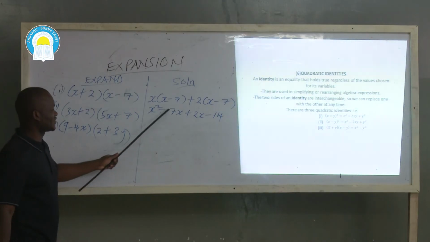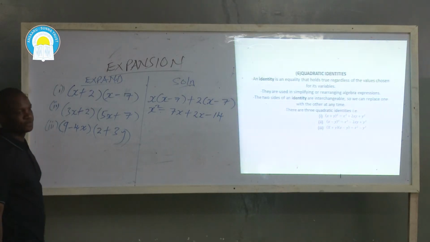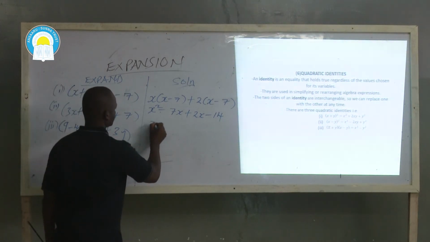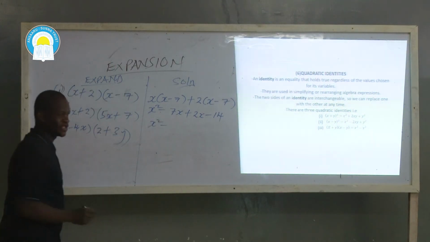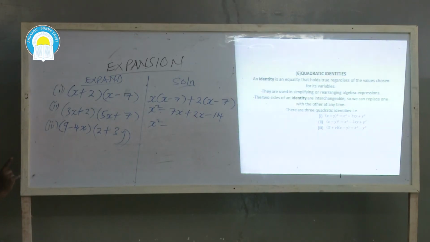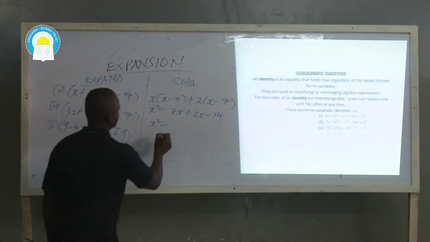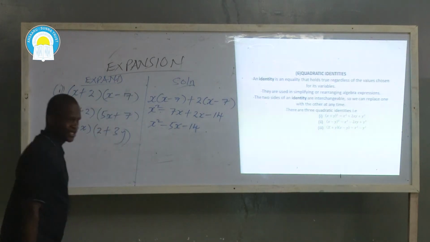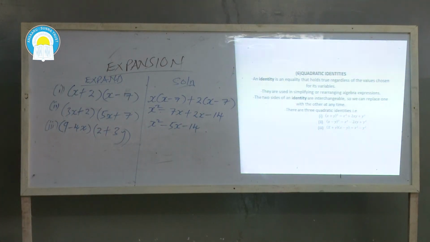So what is negative 7x plus 2x? You get negative 5x. So what becomes our final answer? x squared minus 5x minus 14. Do you agree? Okay, so this is the expansion of our first.